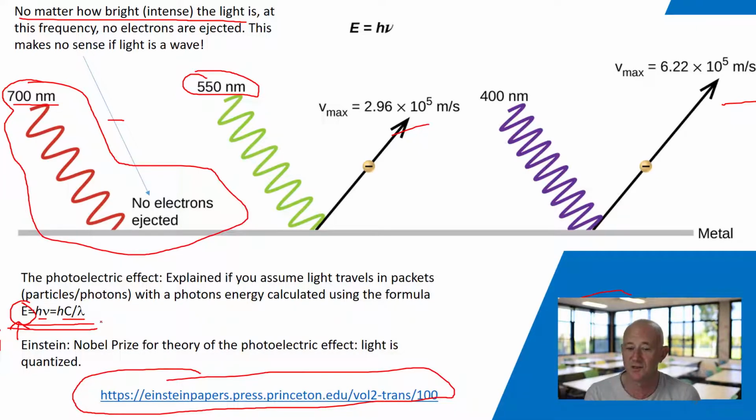In one instance, you do experiments like a double slit experiment and the stuff behaves like a wave. And then in other experiments, like the photoelectric effect, it behaves like particles.